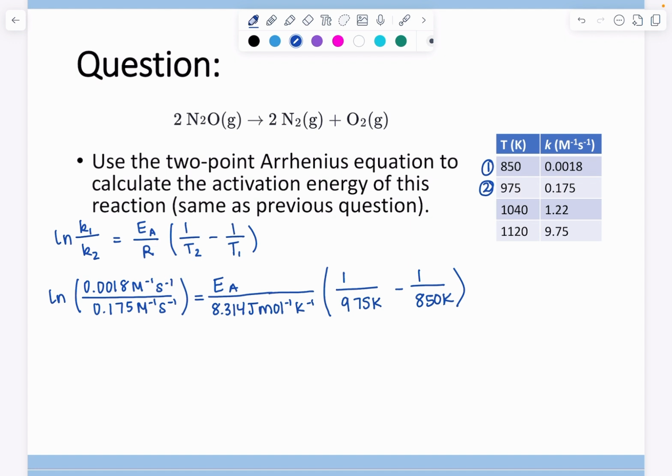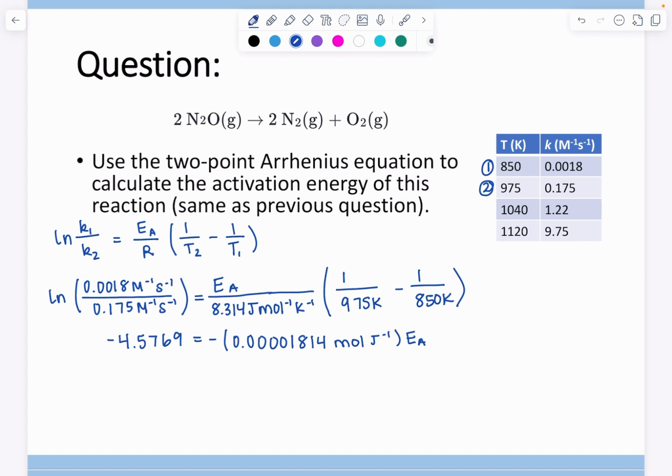If I simplify everything on the left side, I get negative 4.577. I'll keep one extra sig fig, 4.579. Units are canceled out on the left. On the right side, I have negative 0.00001814 moles per joule times activation energy.